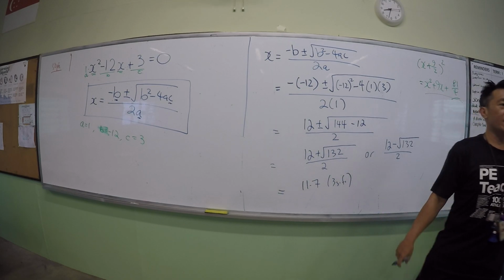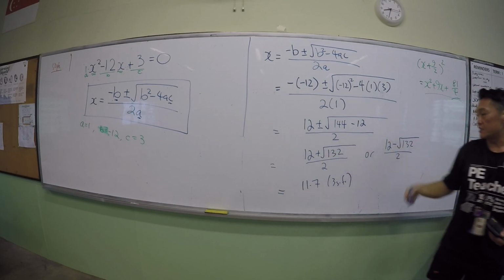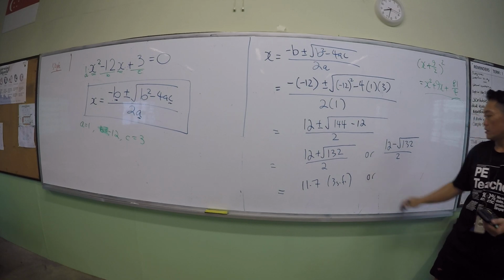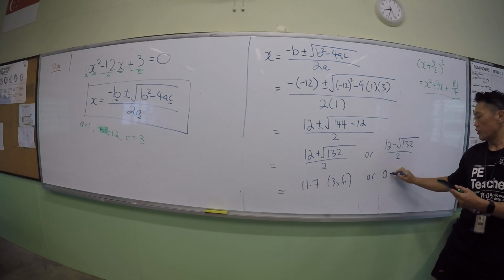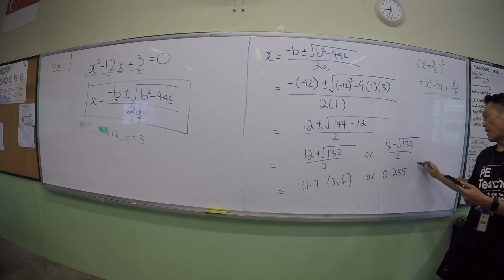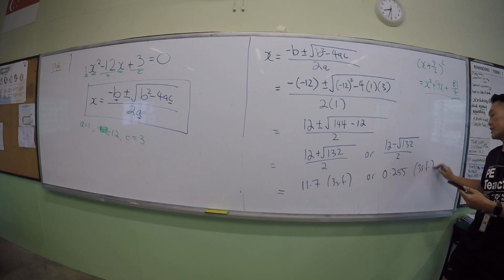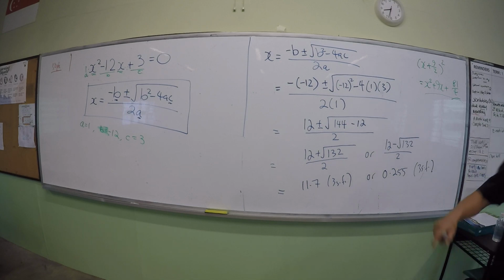If you look back at your workbook, it is one of the answers just now. Or 12 minus square root 132 divided by 2, 0.255. The other answer in your workbook just now.